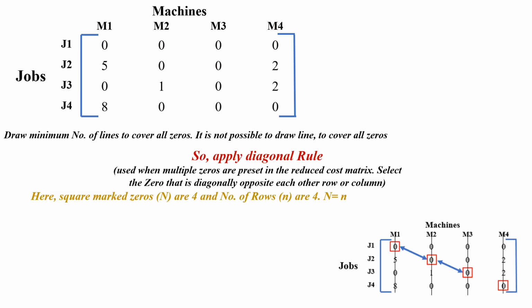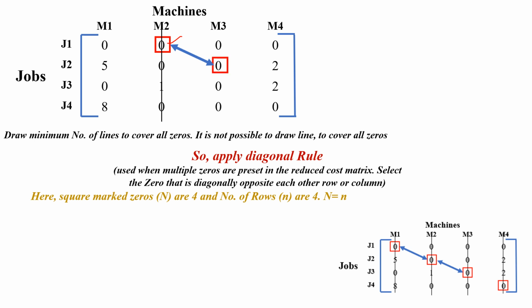In this problem, we can draw the minimum number of lines in another way also. By applying the diagonal rule, we can select this 0, which has another 0 in the diagonal position. So mark a square, then draw a vertical line. Next, in the second row there is only one 0.